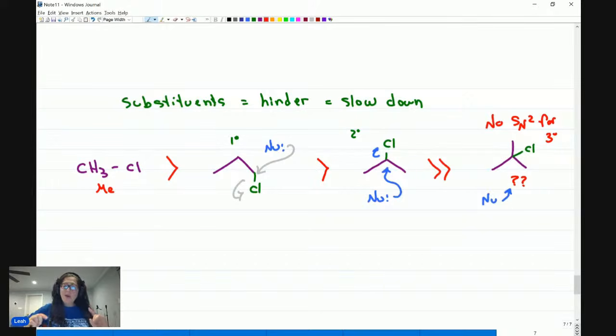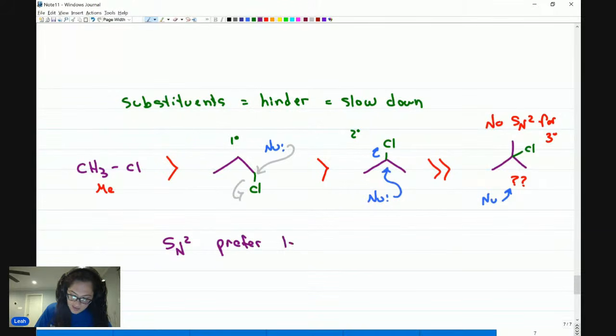It's not about the strong nucleophile cannot do SN2. It's that the strong nucleophile wants to do a direct attack, but it can't reach. And if it can't reach, it cannot kick anything out. Therefore, the reaction cannot happen. And so SN2 is going to prefer a less substituted LG, which stands for leaving group.